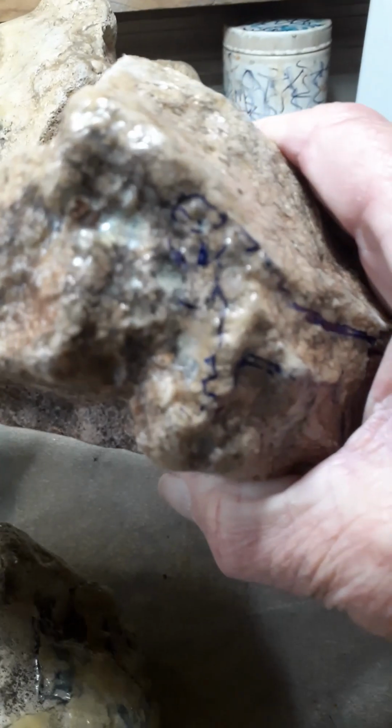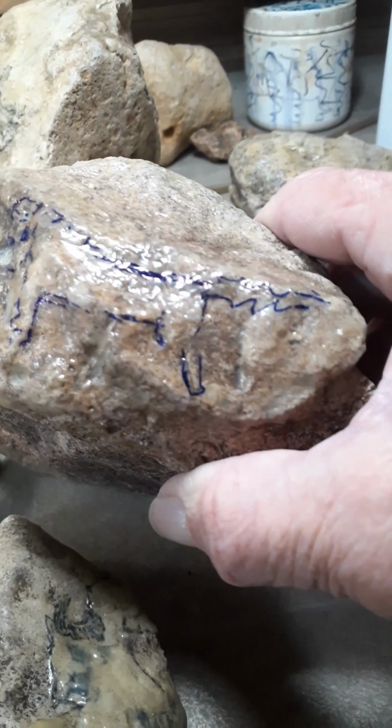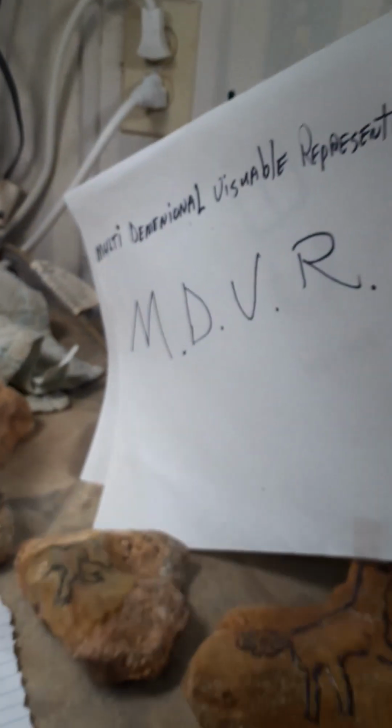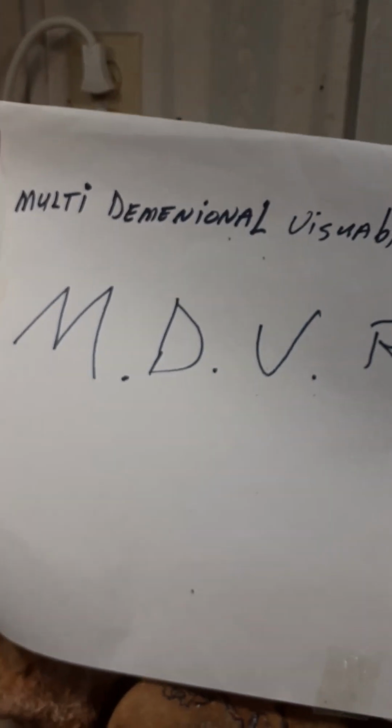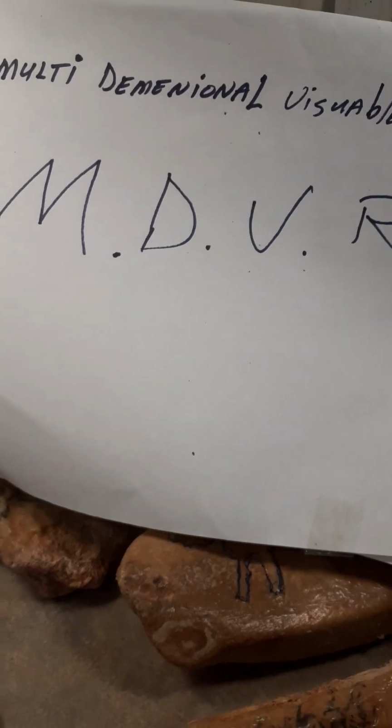And a horse on its chest. Multidimensional visual representation, MDVR.